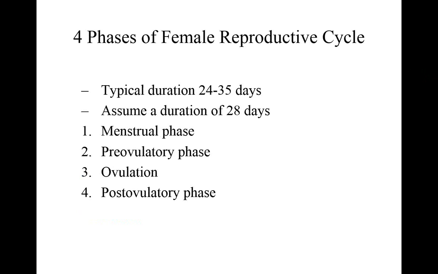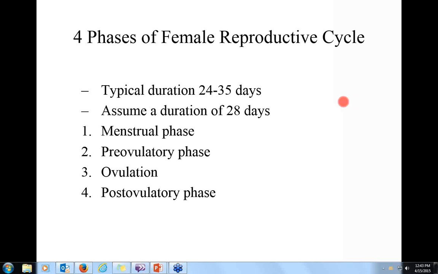And the phases of the reproductive cycle vary from female to female. But your text kind of assumes 28 days. Not everyone follows the 28-day cycle, but to make this a little bit easier, we'll discuss the 28-day cycle.